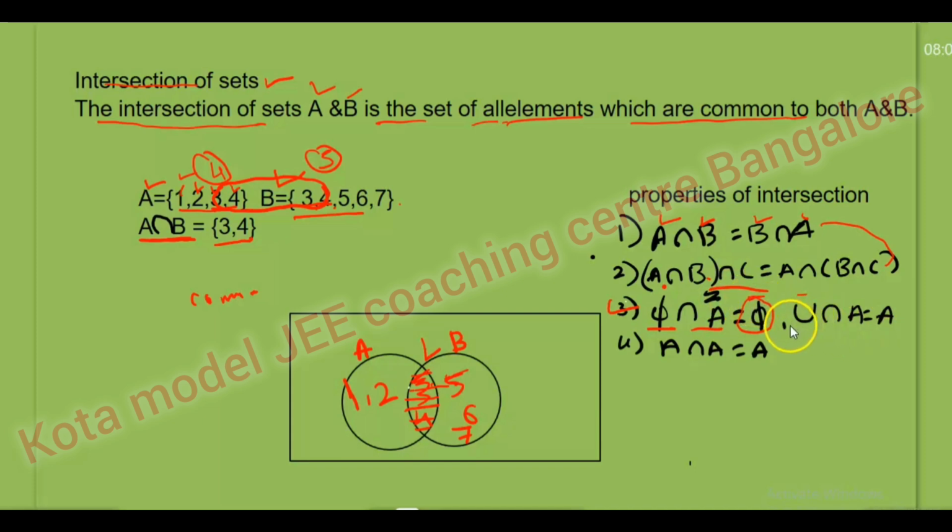Then the intersection of the universal set and the set A, we are getting the set A; universal set intersection with any subset of that universal set, we are getting the same set. Then the fourth property is the same: A intersection A, we are getting A. In the union also, A union A is equal to A.